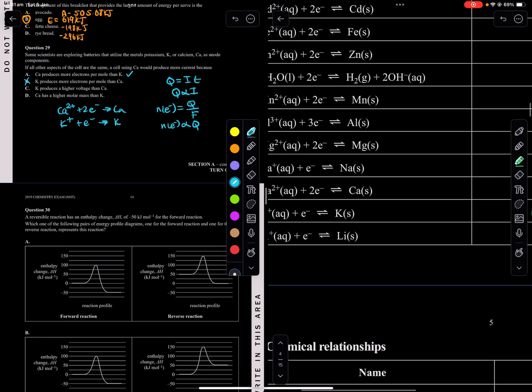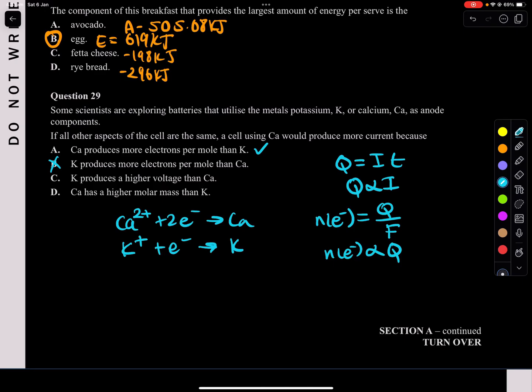The one that has a higher voltage is calcium. So that's wrong. Calcium has a higher voltage than potassium, so that's wrong. Calcium has a higher molar mass than potassium. That is true, but that doesn't really affect the current. What does that have to do with current? So the only possible answer that actually explains why we have more current is A, 29A.